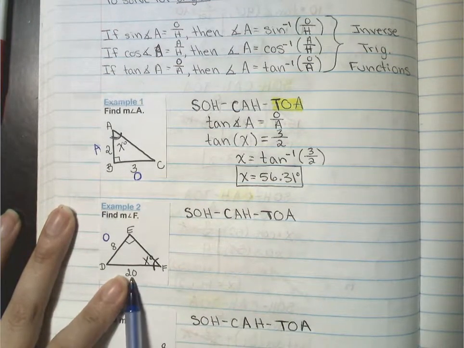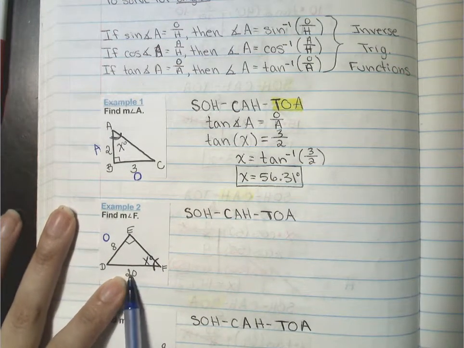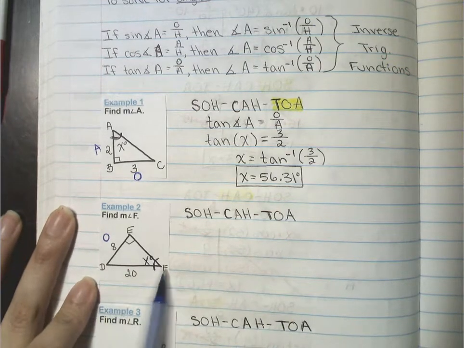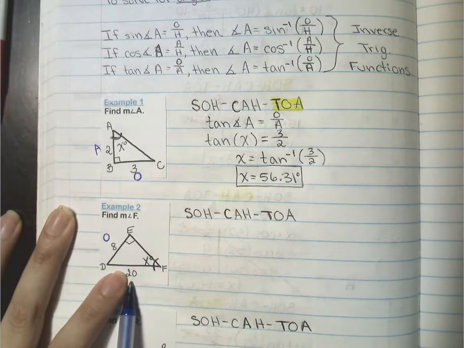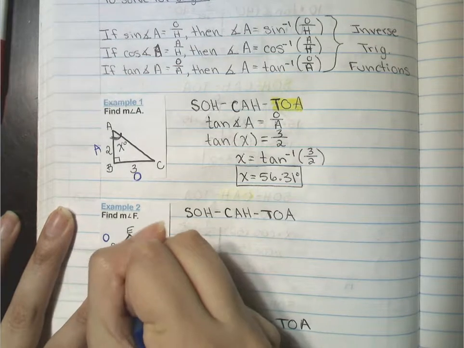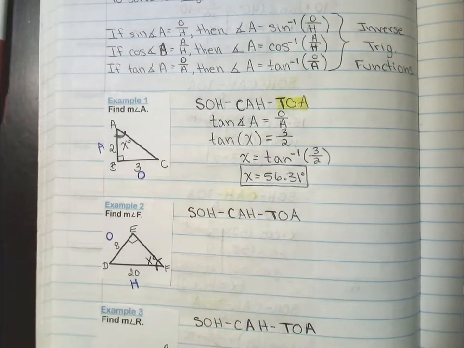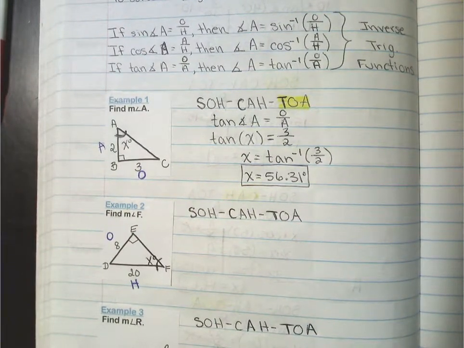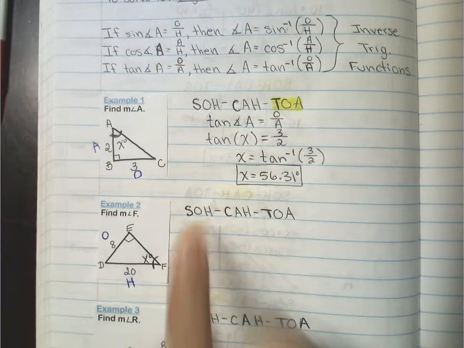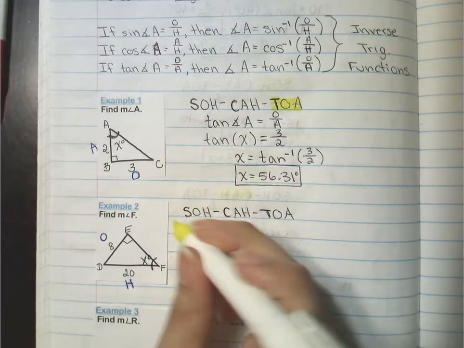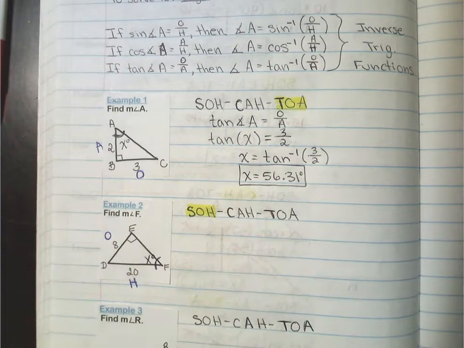Right next to the x, I have that 20. But it's the longest side, opposite from the 90. That means it's a hypotenuse. So this is my H. Now I have O and H, so I'm using sine. I'm going to highlight this part using my sine function.